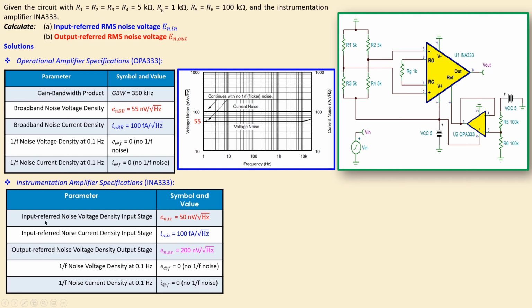That is the input referred noise voltage density of the input stage, and also the noise current density of the input stage, and we have the output referred noise voltage of the output stage. We know that we have 2 stages in this instrumentation amplifier, so we have already divided that in 2 stages. That's already given also in your datasheet.